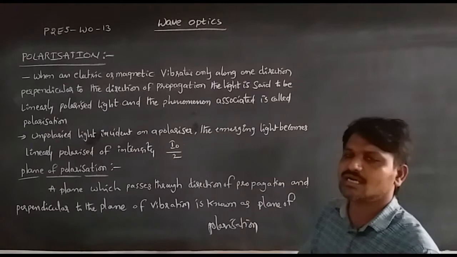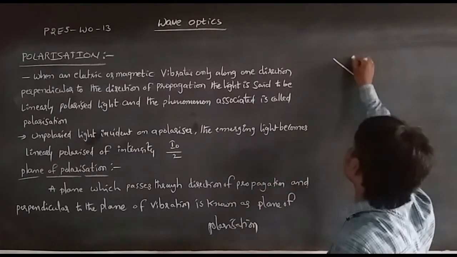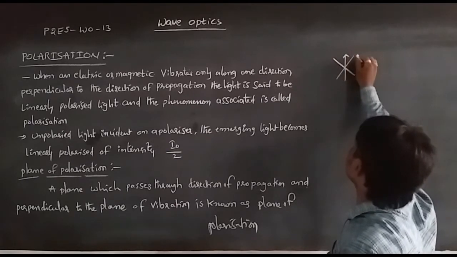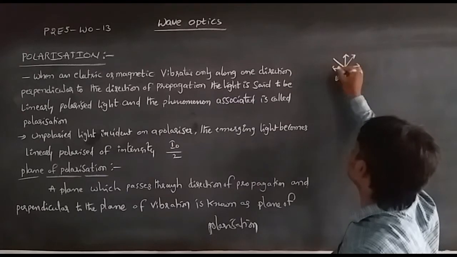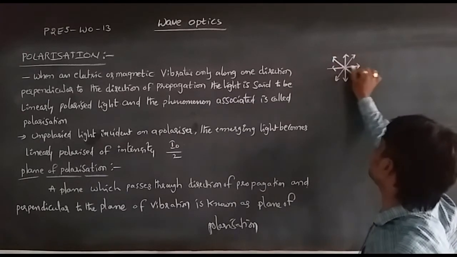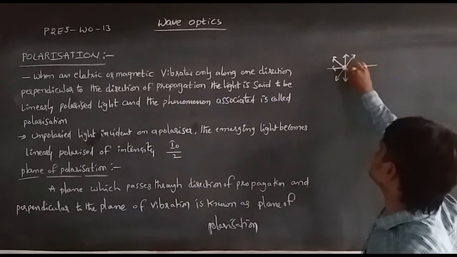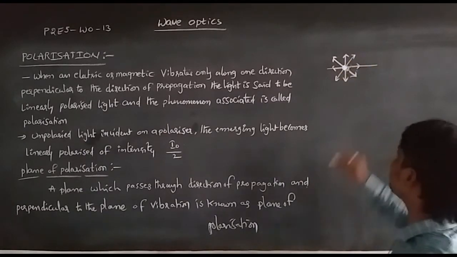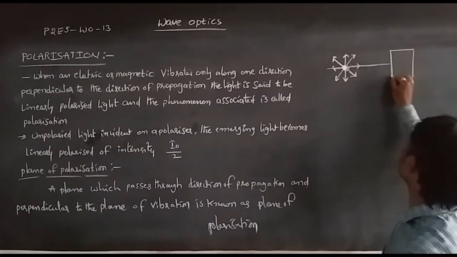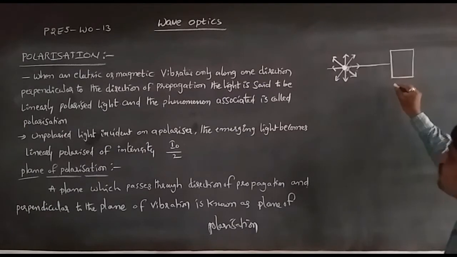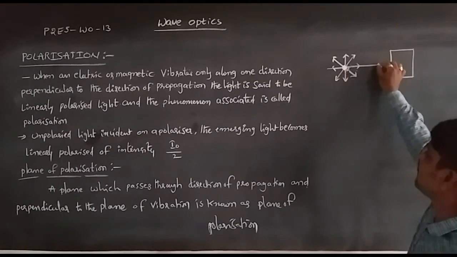Whenever unpolarized light moves in all directions, it has electric and magnetic fields in all directions. When the unpolarized light is incident on a polarizer, the electromagnetic vibration is along one direction only, perpendicular to this.